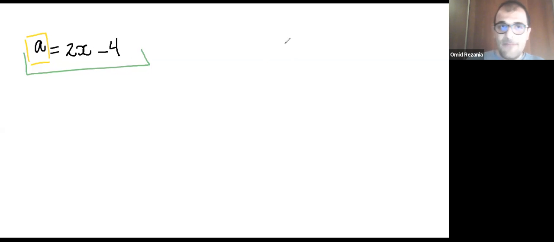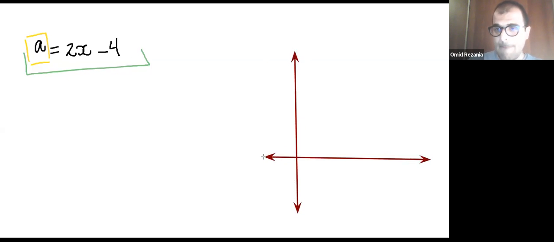We said that if you imagine, in the quadratic functions which we had, and let me change the colors to this one.